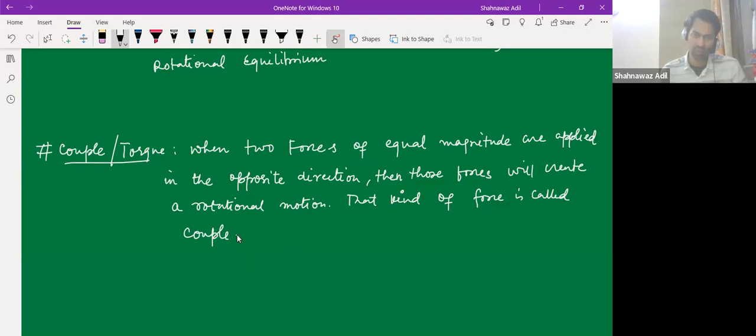And importantly, both these forces have different lines of action.